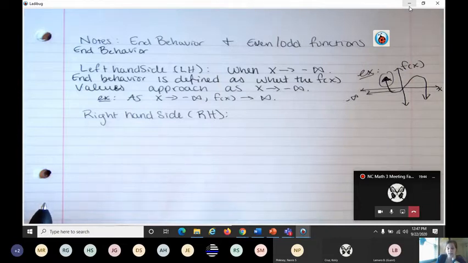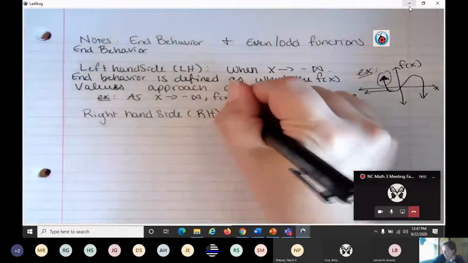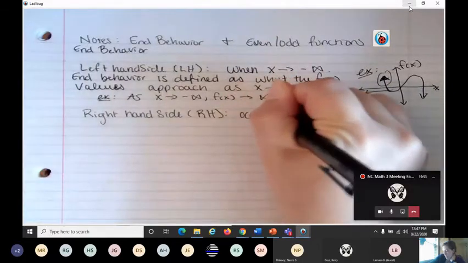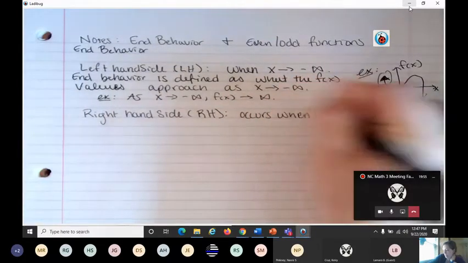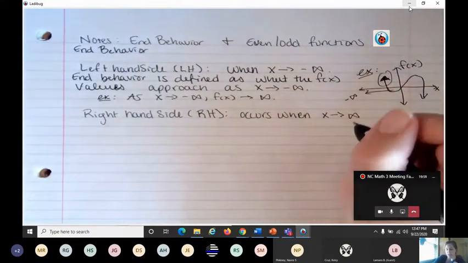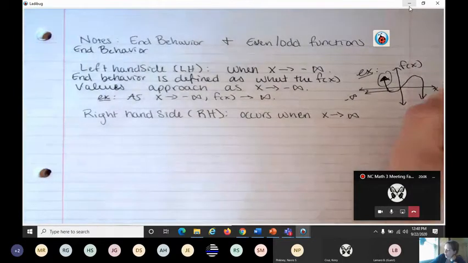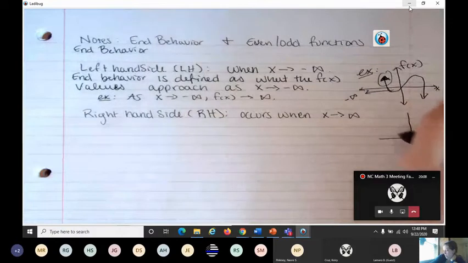Okay, if there are no questions, then we're going to look at the right-hand side. So the right-hand side is just going to be the other side. So it occurs when, so this time the x's are going to approach positive infinity. So it's asking what they do as you approach positive infinity. All right, so this would be if I drew out a little graph. Maybe I have something like this.